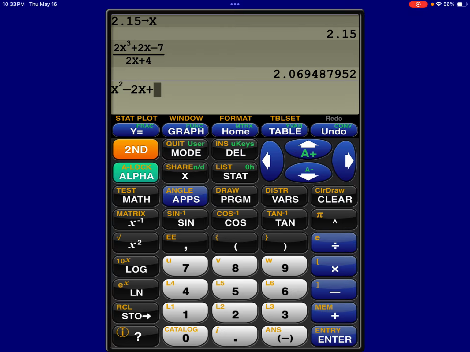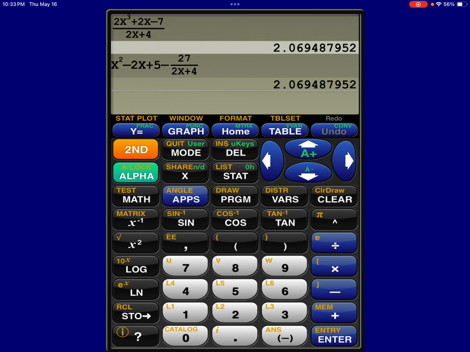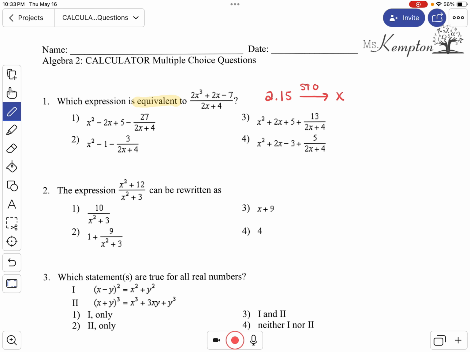So the first option we have, we're always going to plug it in exactly the way that we see it on our paper, and you'll notice that option 1 will give you exactly what we originally put in. Now, rest assured that I did plug in all the options for timing purposes for this video. I will tell you that answer 1 is the only one that checks out.